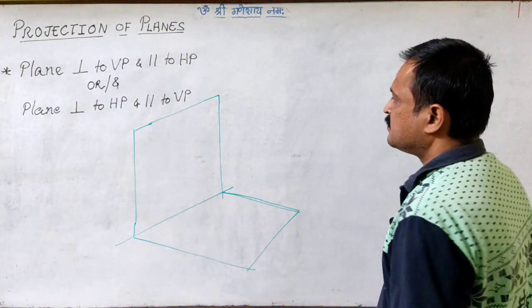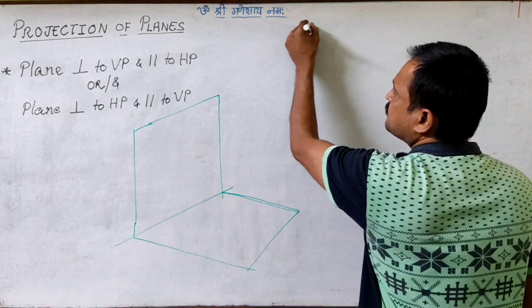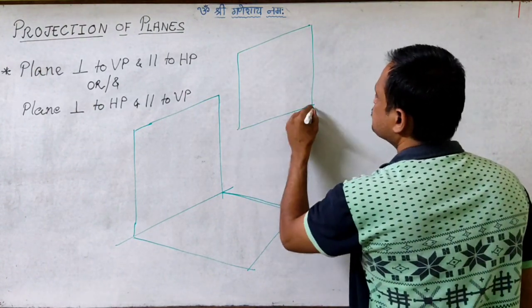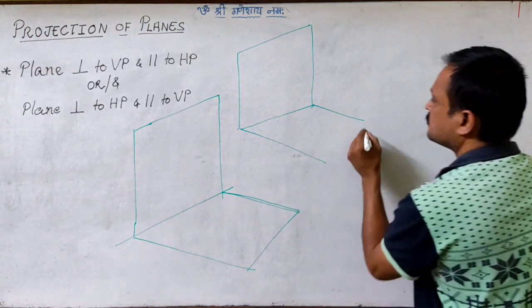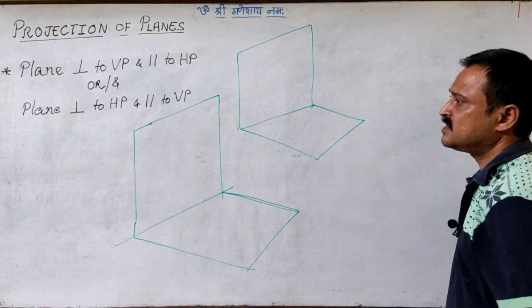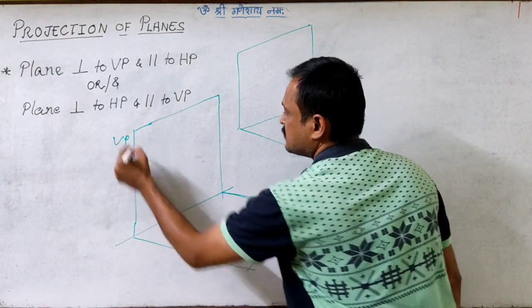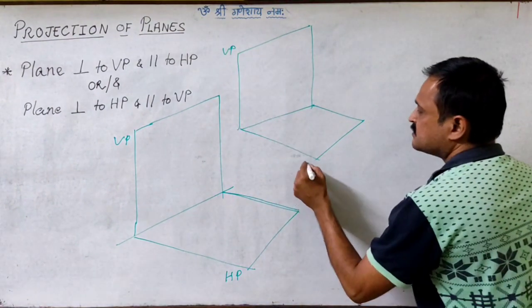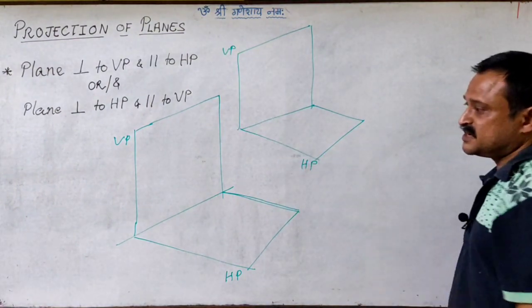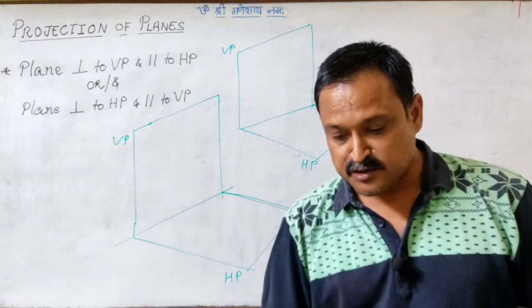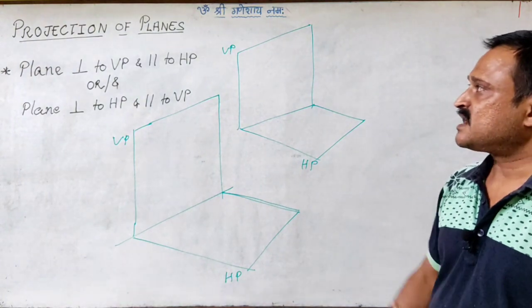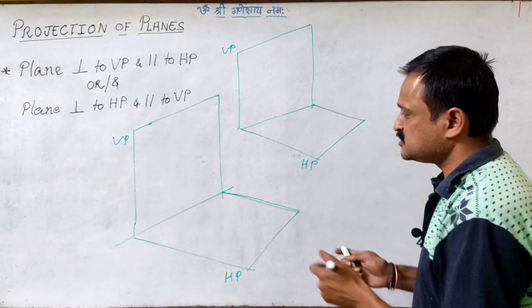Say this is the first condition, and here I will show the second condition. This is the vertical plane, this is the horizontal plane, and here again the vertical plane and the horizontal plane. Now we are going to keep this plane perpendicular to VP and parallel to HP.